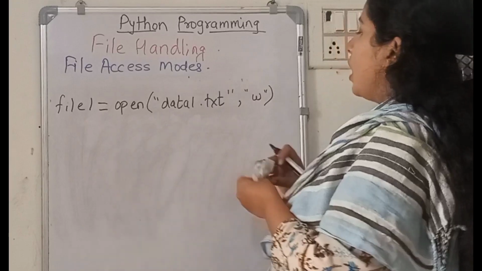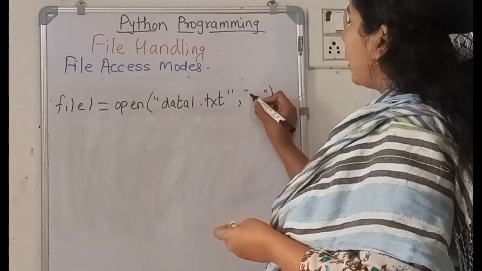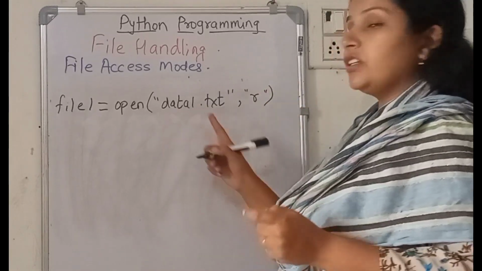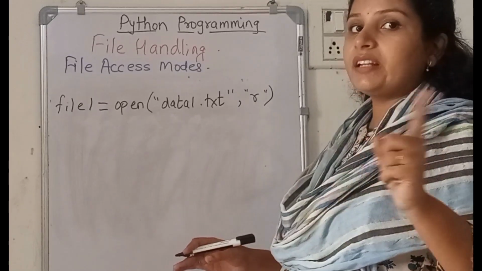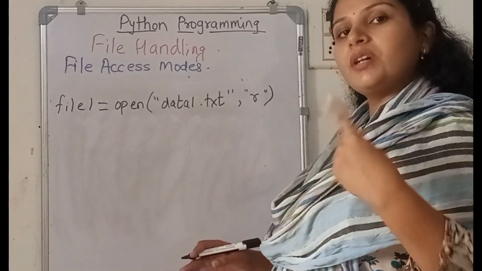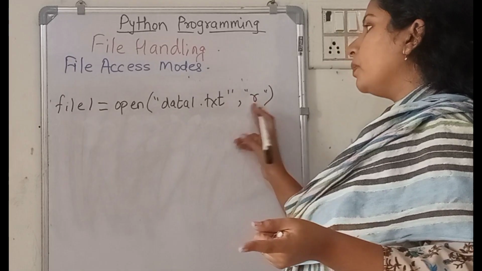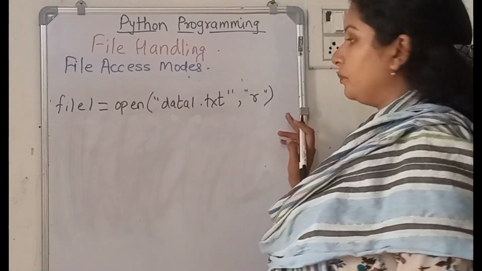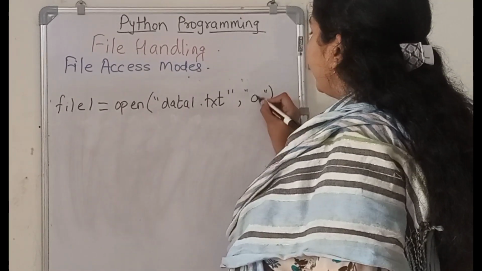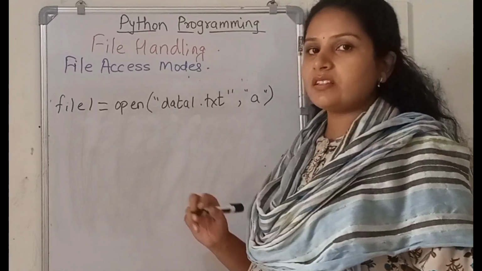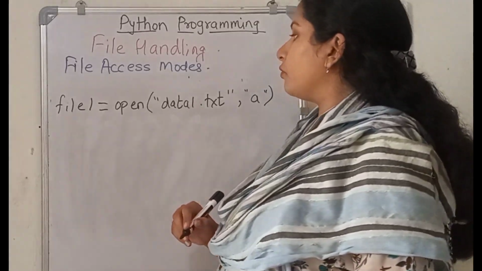And if I am using the R mode here and this file does not exist, it will raise an error. So you must create the file first and then open it in R mode. And the same with A: if the file does not exist, it will create the new file.